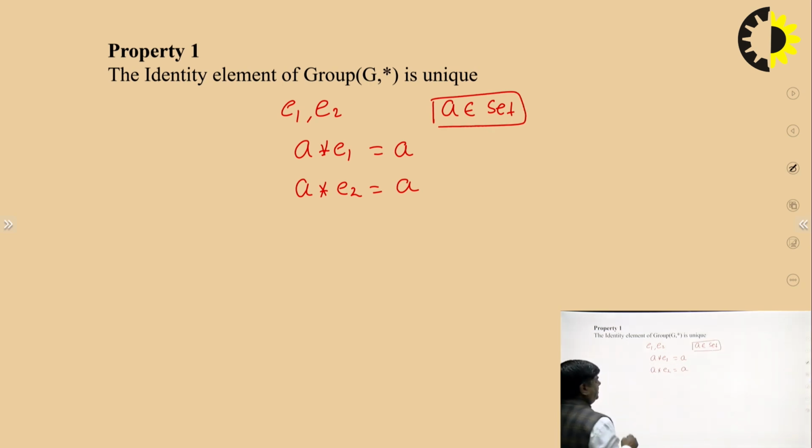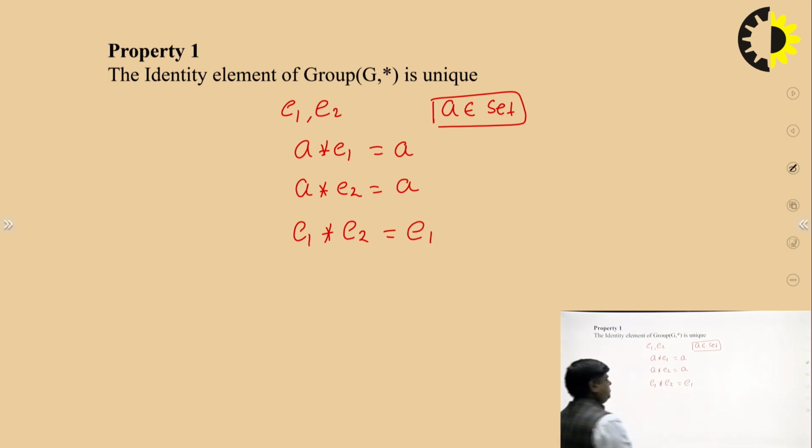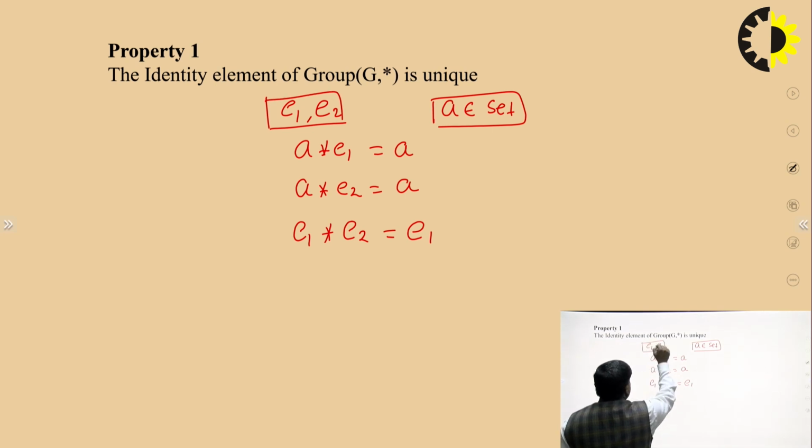Now, if we assume that E1 is an element and E2 is the identity, then we can say that E1. This is another same property, but we follow these, one is an element and one is the identity.